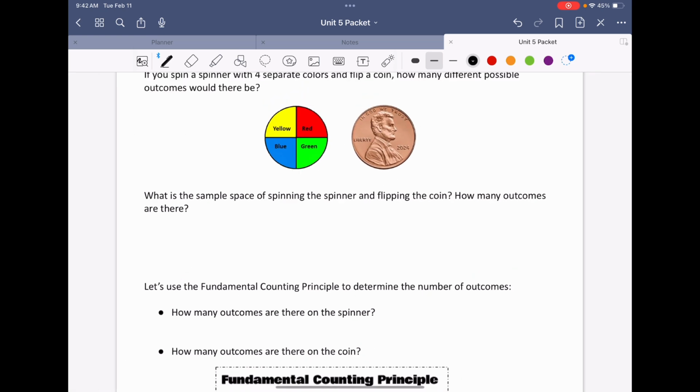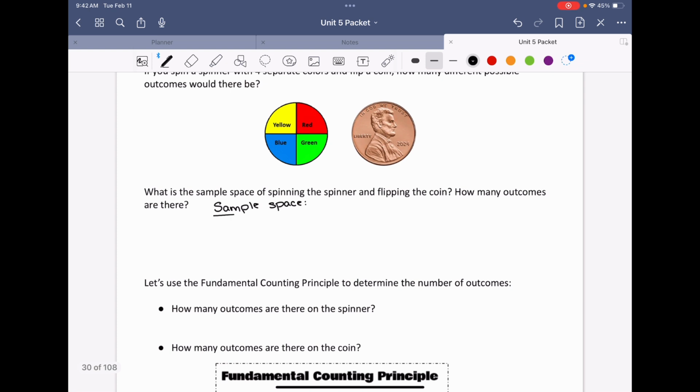Okay, so our sample space, we could either have yellow and flip heads, red and flip heads, blue and flip heads, and green and flip heads.